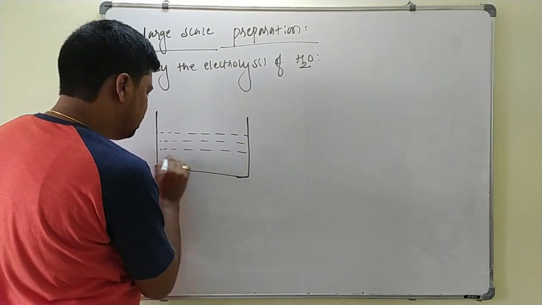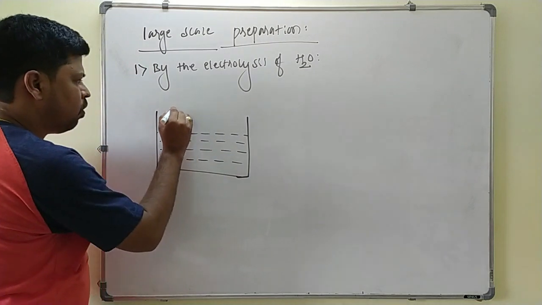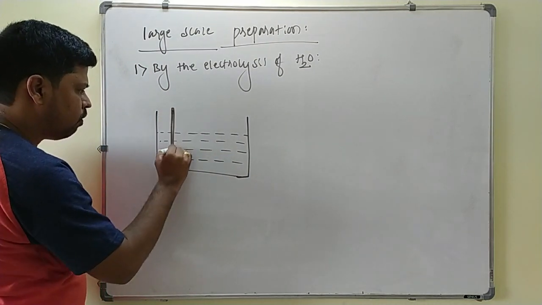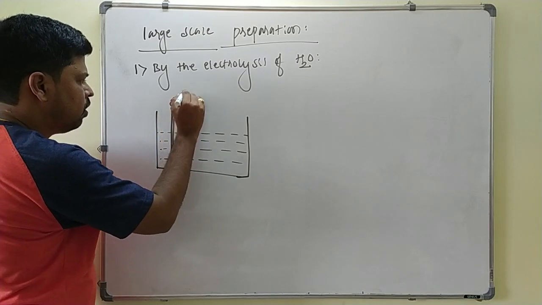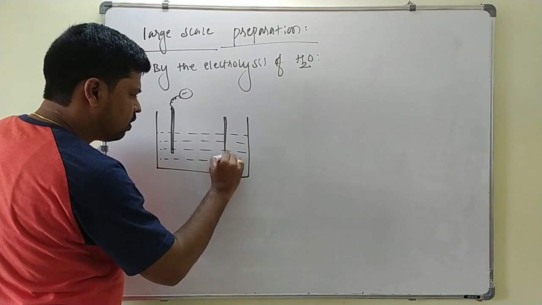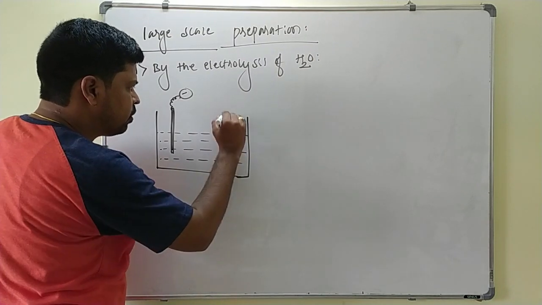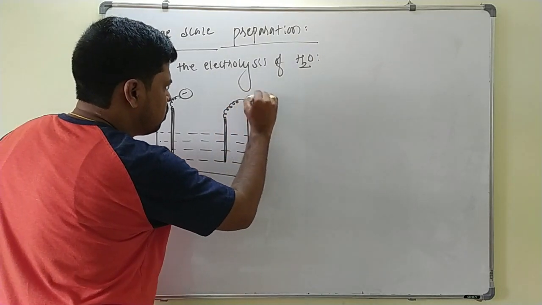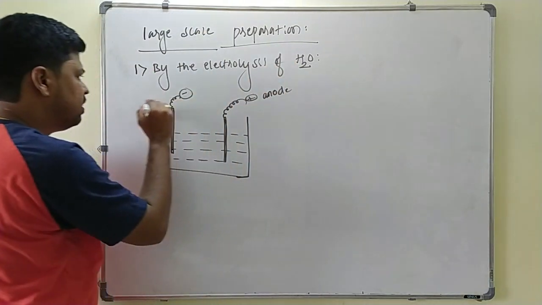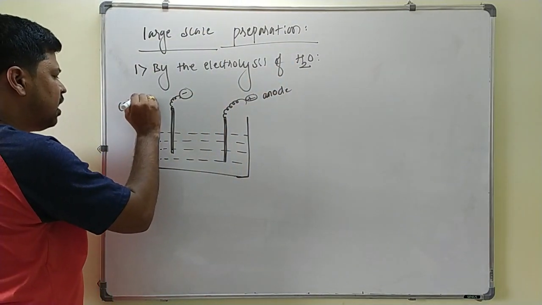And 2 conducting rods are placed here like this. One is connected to the negative end, and the other conducting rod is connected to the positive end. This positive end is called the anode, and this negative end I will call the cathode.